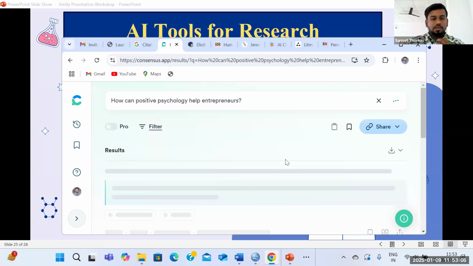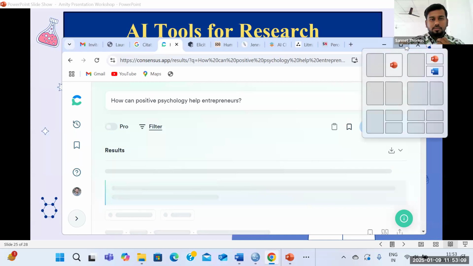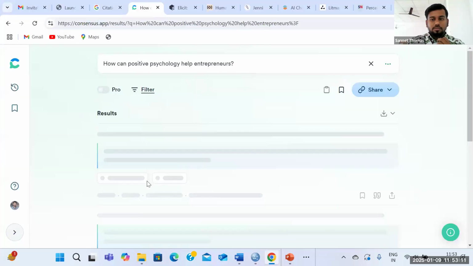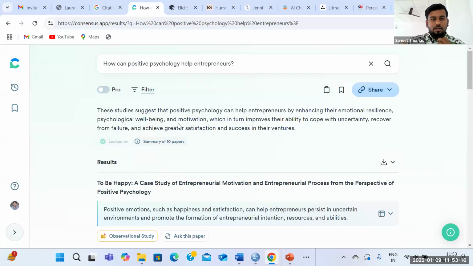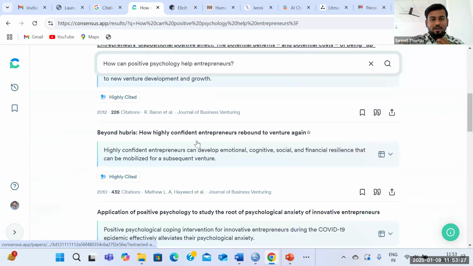So it will give the answer. See, whatever studies happened on this particular topic, especially positive psychology and entrepreneurs, it will give the result.